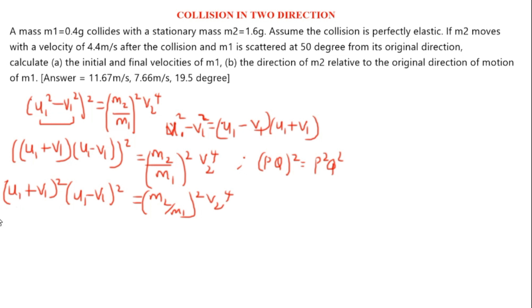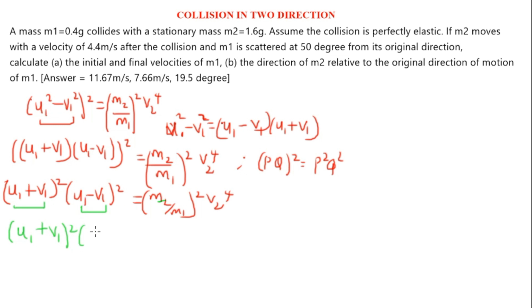Note that I already have an expression for u1 plus v1 in equation 5, so I'm pleased with this, but u1 minus v1, I'm not that pleased with it because it's like a stranger. So we need to find a way to simplify it. If I expand this bracket, I will have something of this nature: (u1 plus v1) squared.